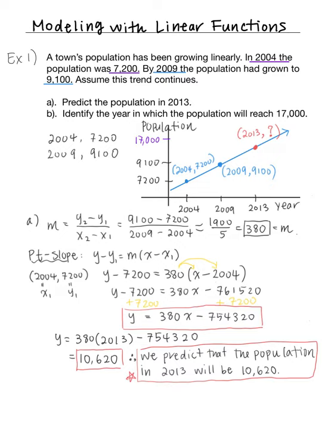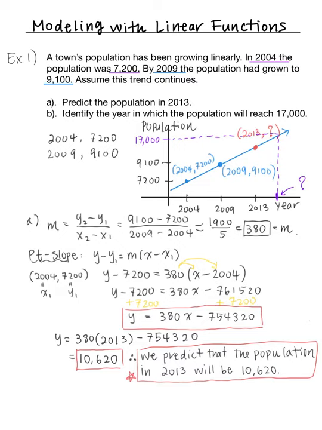Because population are the y values, and the years are represented by the x values. Where I put the question mark is what we're looking for.